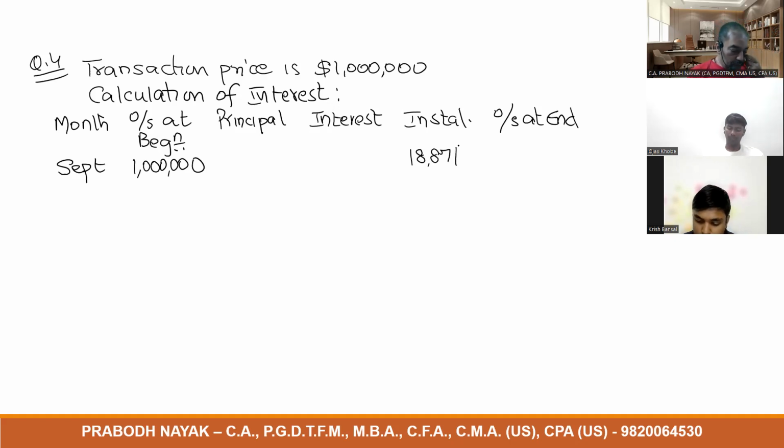Calculate interest, which is at the rate of 5% on outstanding at the beginning. Outstanding at the beginning is $1 million. So how much will be the interest? 50,000. For 1 month, it will be 4167.